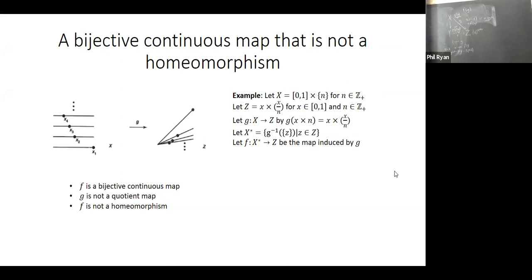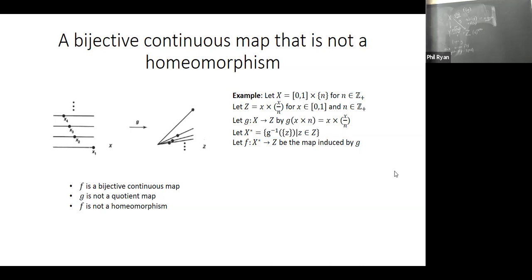We've got the unit interval, and we've stacked it like this. So it's X cross N. The main point is that when x equals 0, it's the same point in R2. These are both subspaces of R2.